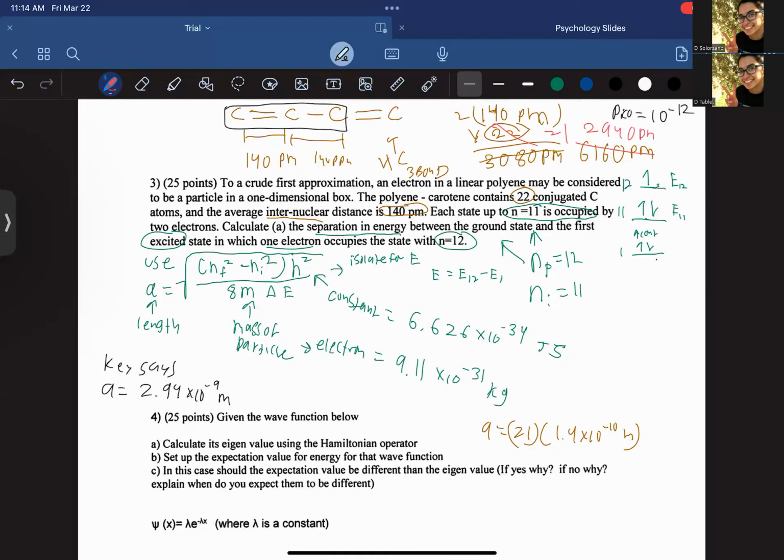And then we have picometers is times 10 to the 12, and then we go 1, 2, 3, 12 minus 3. How'd you get 10 from that?